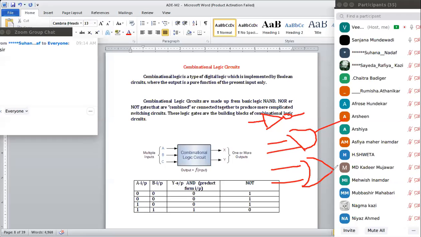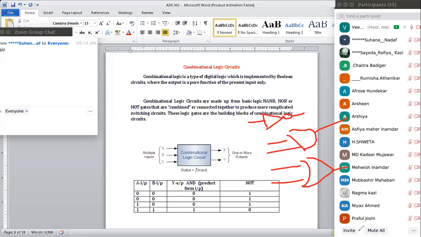By using these basic gates, AND, OR, NOT, and we have NAND, which is a combination of AND and NOT, and NOR and NOT gates. These are the main basic building blocks of any digital system.